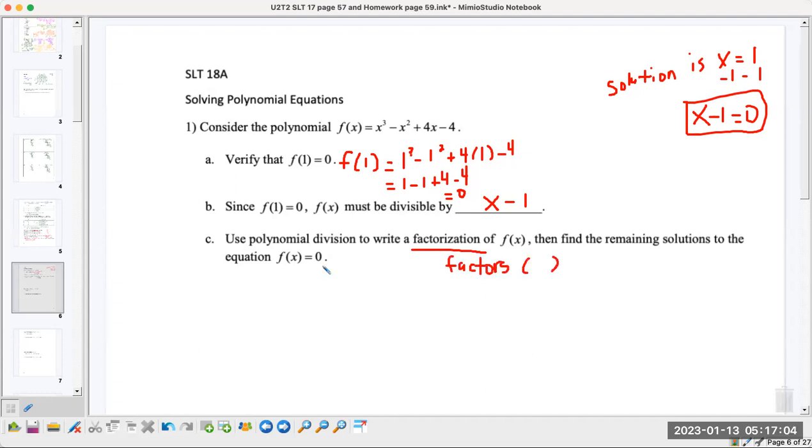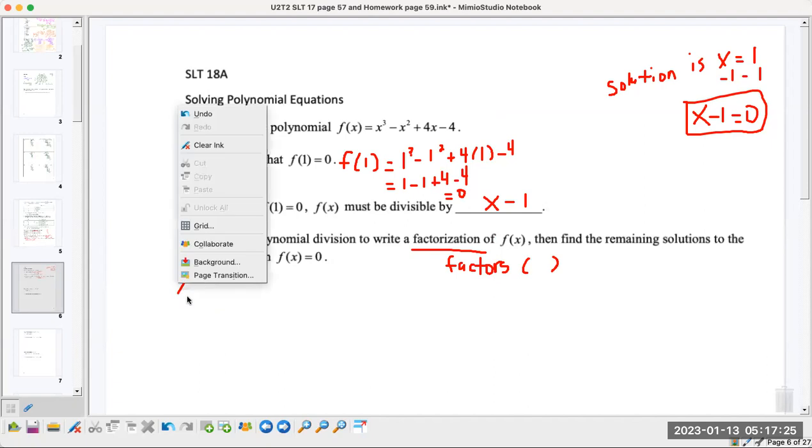We're writing this in factored form. And I'm getting a message that my internet is unstable, so I hope you're hearing me. So we're writing this polynomial in factored form, and we're going to find the solutions. Okay, so we know that the divisor, x minus 1, is the divisor.